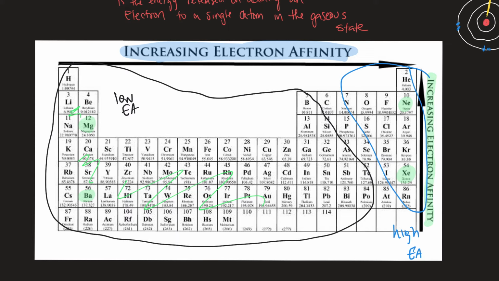Versus if you compare to our nonmetals, if they gain electrons, they will release a lot more energy, which will make them a lot more stable. Elements like chlorine, bromine, iodine, astatine, these guys tend to have some of the highest electron affinity, due to the fact that they only need 1 more electron, and when they gain that 1 more electron, they will release tons and tons of energy.